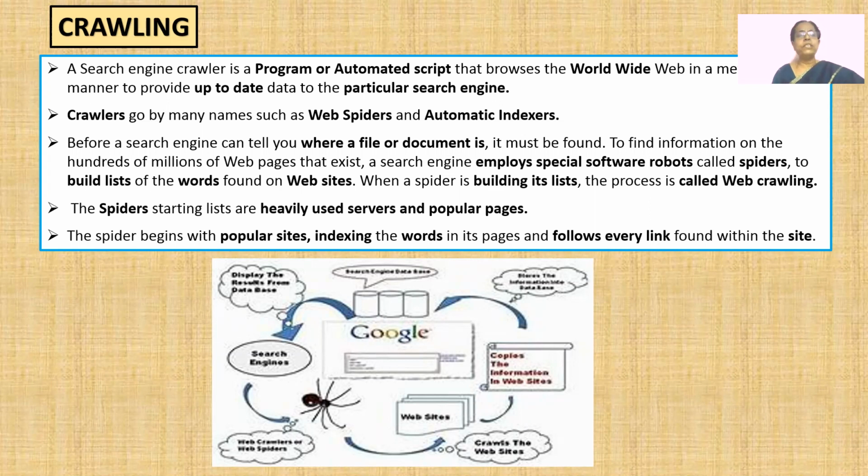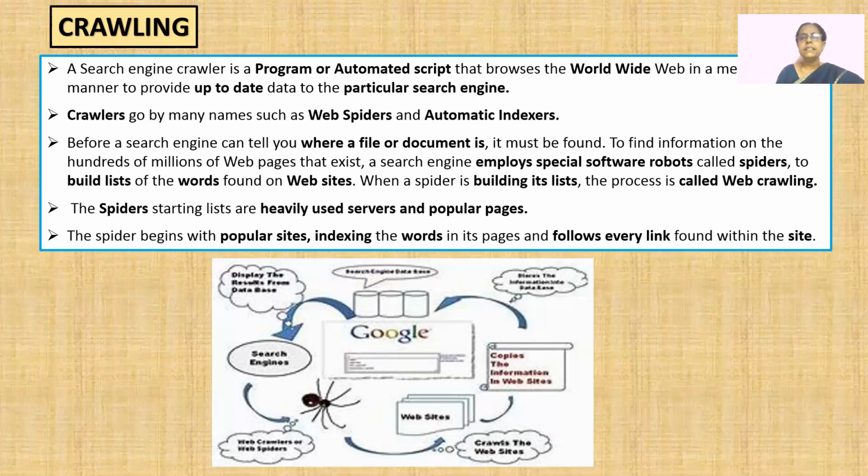To find information on the hundreds of millions of web pages that exist, a search engine first employs special robots. These robots are called spiders. They start building up a list of all the words connected to your keyword, searching from different websites. This building of the list and the process of doing this is called web crawling.